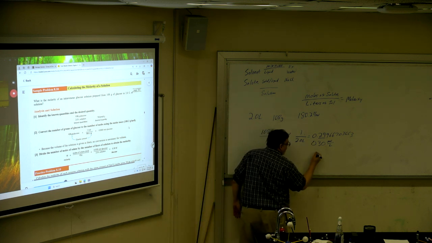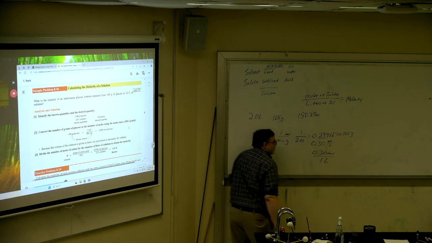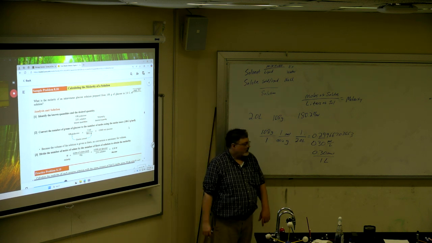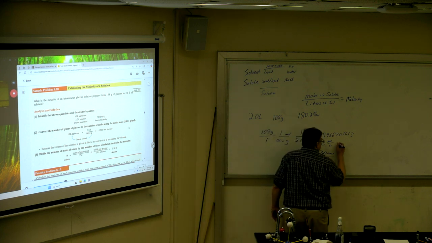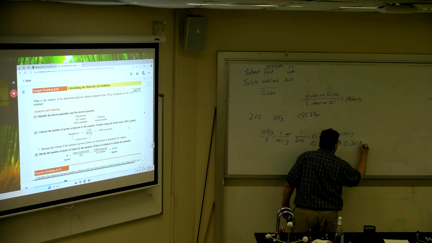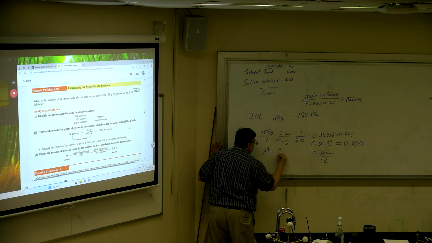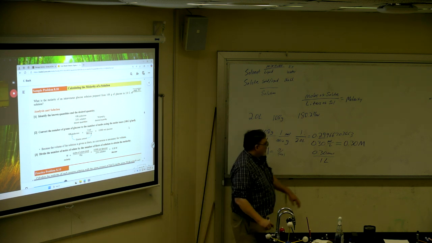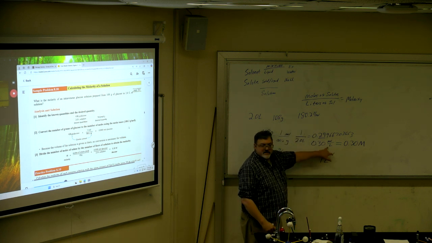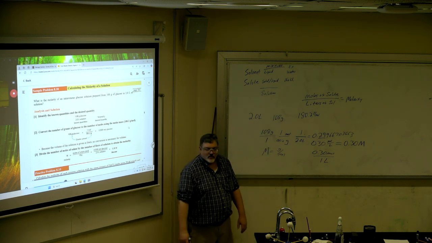I can write it like that, or I can say that 0.30 moles in 1 liter. But chemists have invented this stupid thing that I can't believe we have. We don't need that. M literally means moles per liter. But I usually just write this. But if you see this written somewhere in a problem, go ahead and turn it into this to help you start dealing with it. That M just makes it even more nebulous, what molarity is.